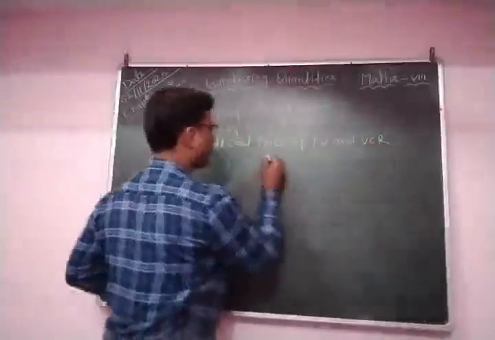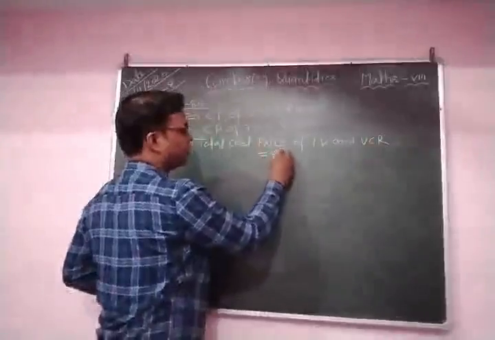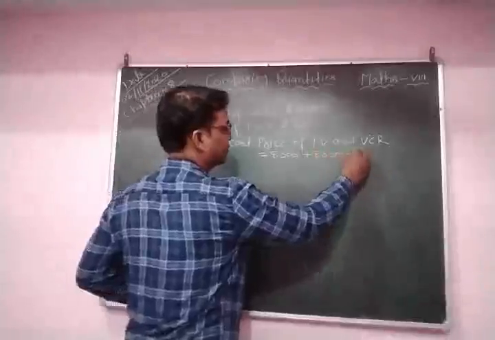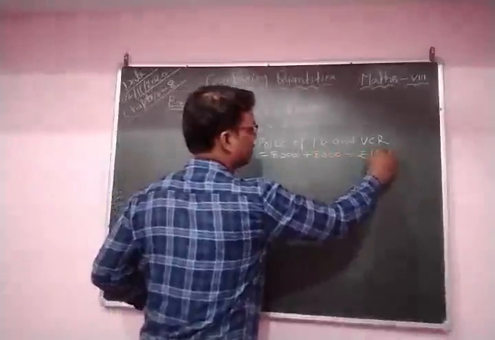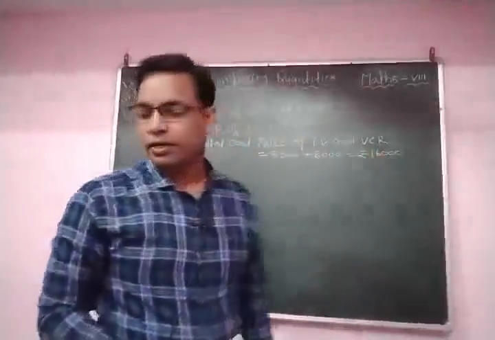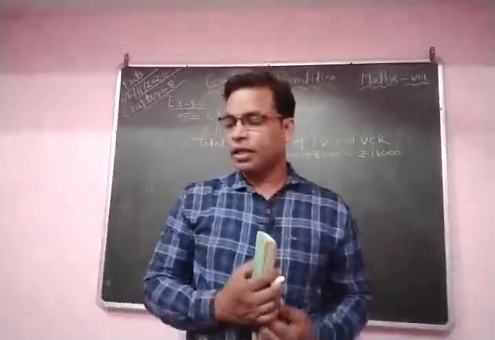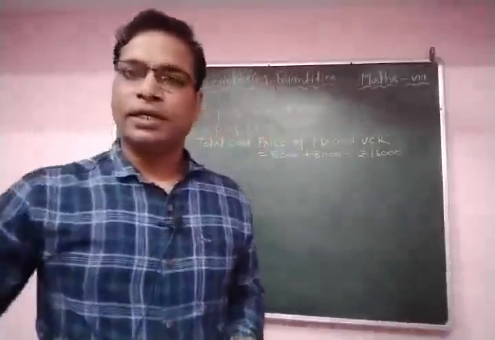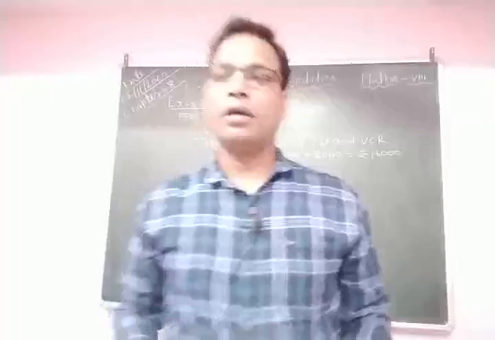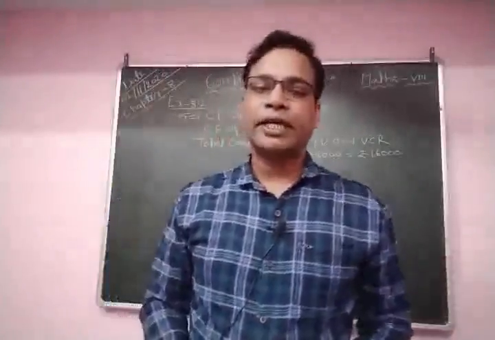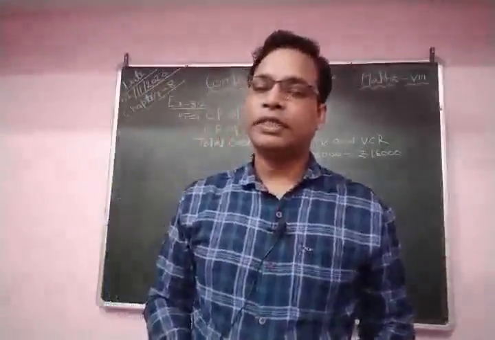This is equal to 8,000 plus 8,000, which is equal to rupees 16,000. Clear? So now we have obtained the total cost price of the TV and VCR, 16,000 rupees.